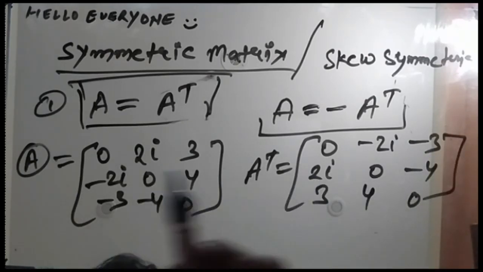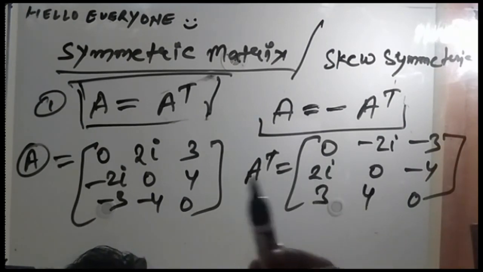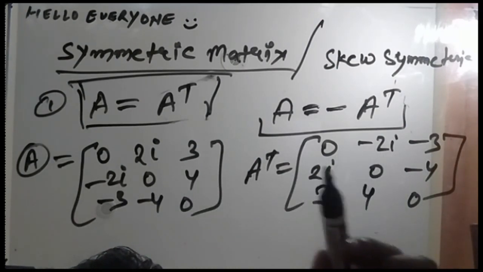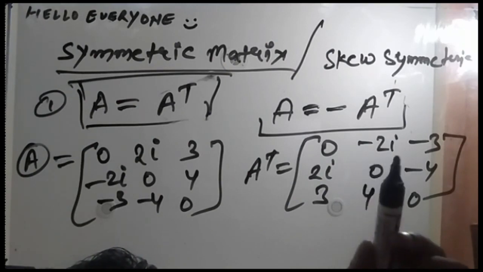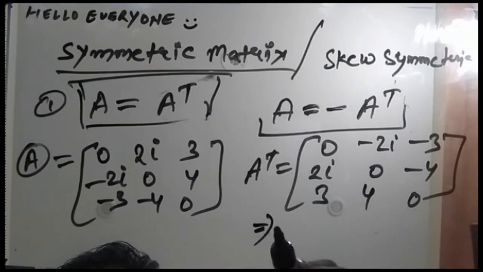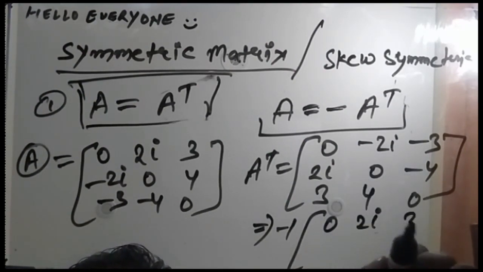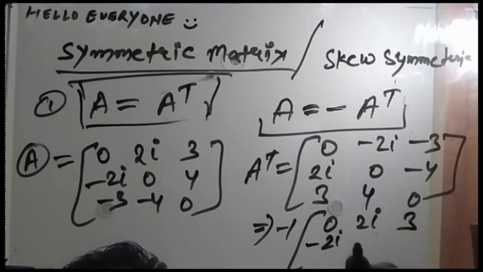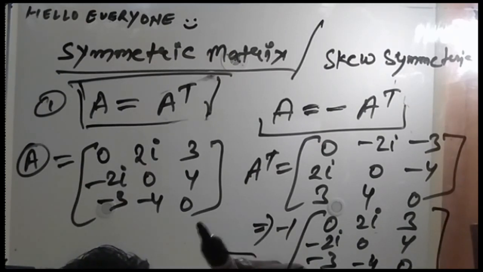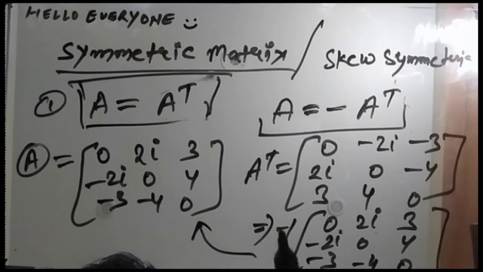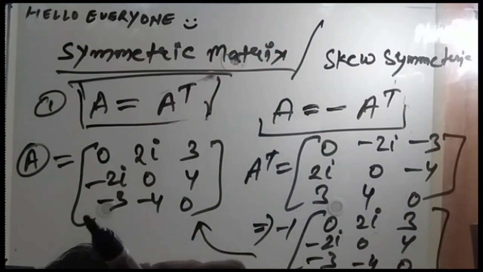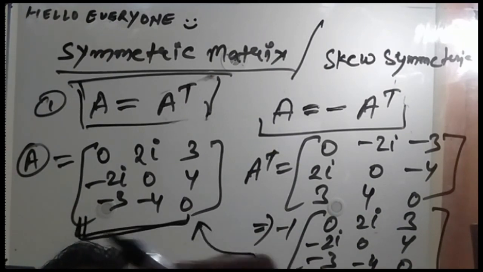Now as we can see both are not equal. Let's take out minus 1 from this matrix. It will be minus 1 and it will be 0, 2 iota, 3, minus 2 iota, 0, 4, minus 3, minus 4 and 0. Now you can see that both A matrix and minus of A transpose are same. So this matrix represents a skew-symmetric matrix. Okay.